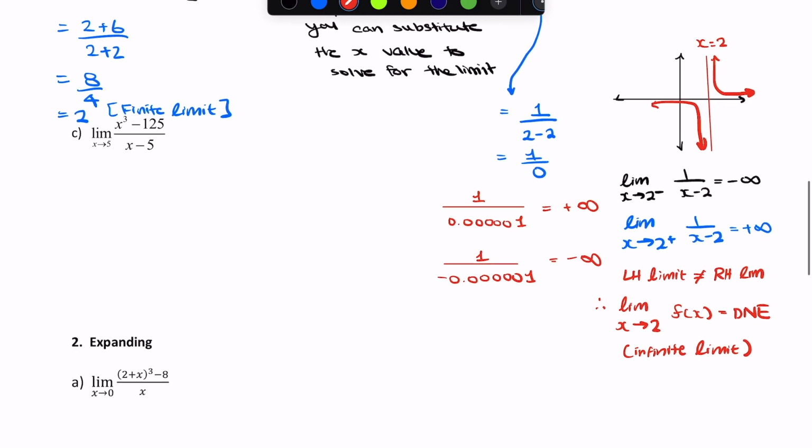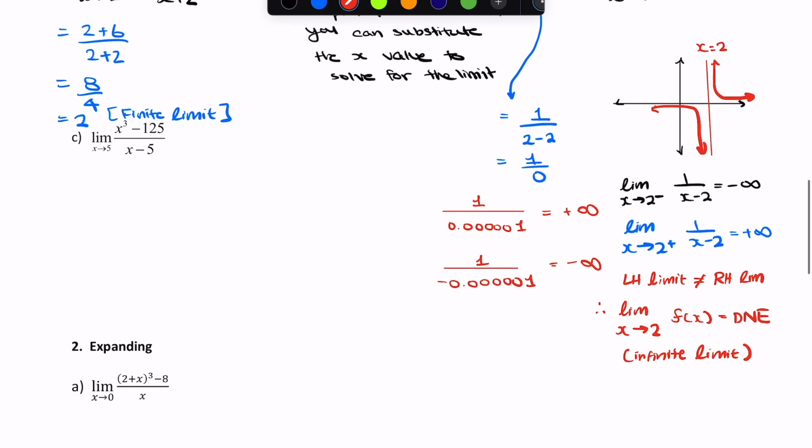Let's look at this last example here of x cubed minus 125 over x minus 5. And so here we see that at the top, it's a difference of cubes. So let's write that out.